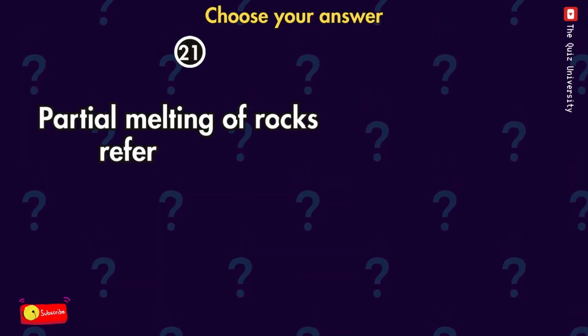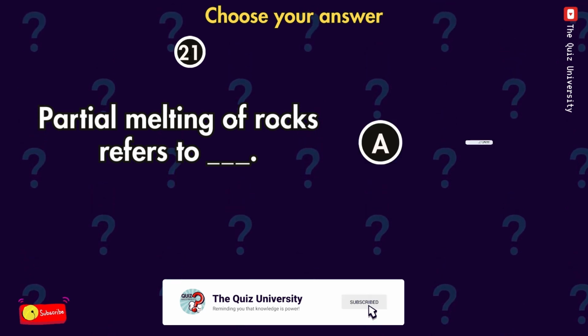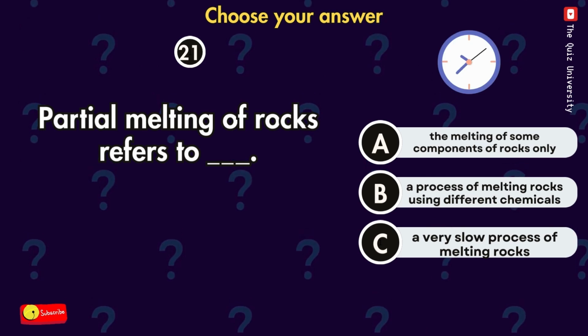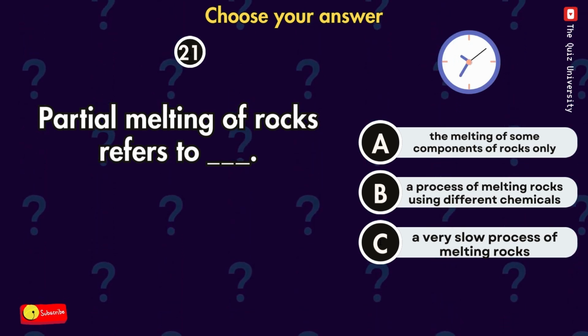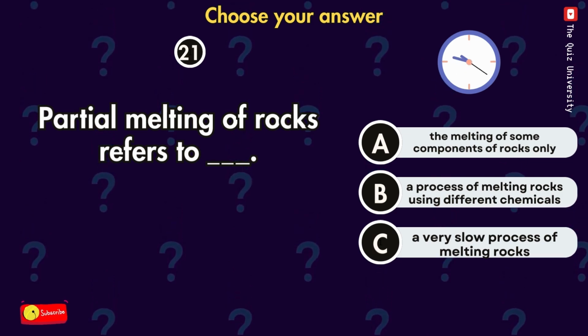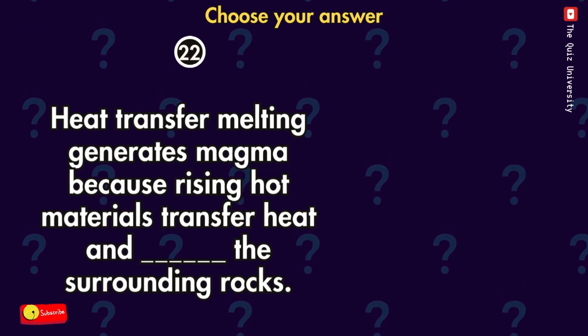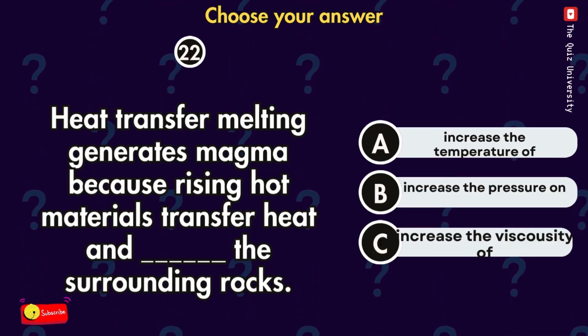Partial melting of rocks refers to what? Heat transfer melting generates magma because rising hot materials transfer heat and blank the surrounding rocks.